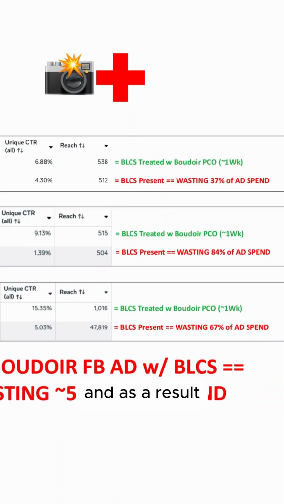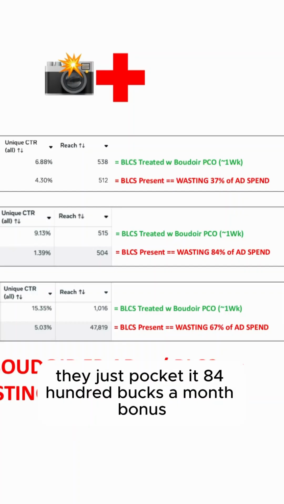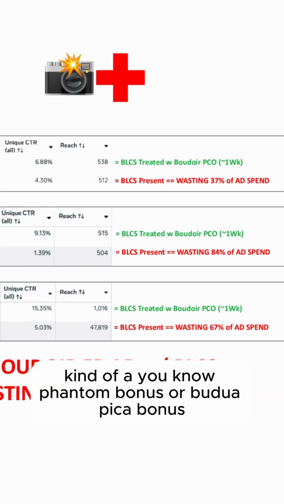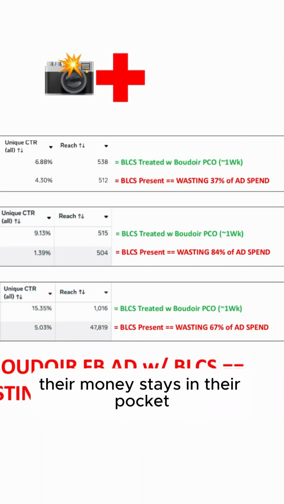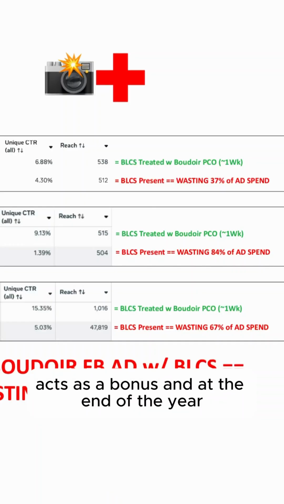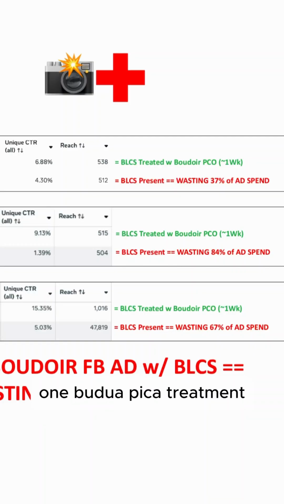And as a result, that difference, $8,400 a month, they no longer have to spend. They just pocket it, $8,400 a month bonus, kind of a phantom bonus or Boudoir Pico bonus. They just simply don't spend the money. It stays in their pocket, acts as a bonus. And at the end of the year, it's like 100 grand, 100K bonus just from one Boudoir Pico treatment.